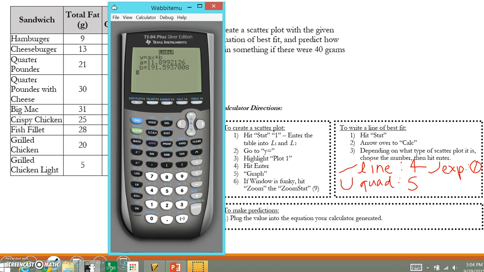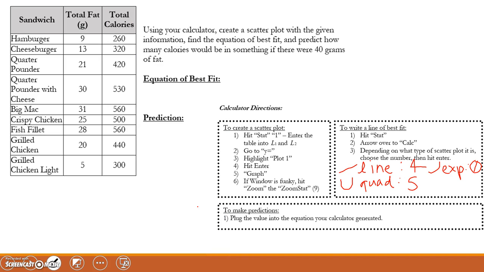So we're going to write y equals, and then you're going to fill in the a, so 11.89992126x plus, and then the b. So that's the equation. So y equals 11.89992126x plus 191.593708.